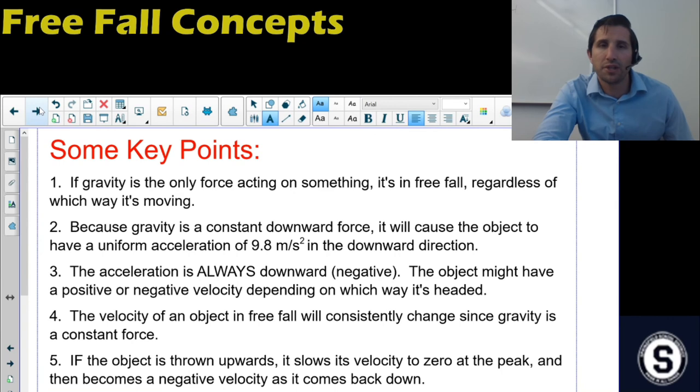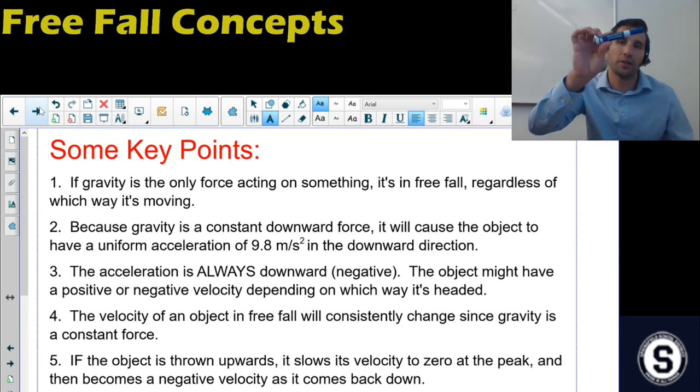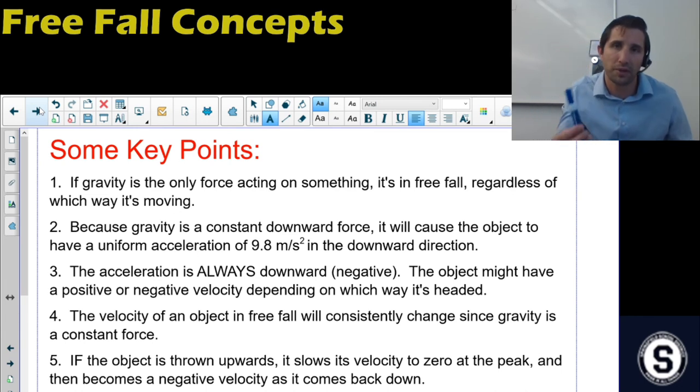The velocity of an object in free fall will consistently change since gravity is a constant force. So as the object travels up, it's going to be slowing down consistently, and then as the object comes back down, it's going to be speeding up consistently. That happens on a consistent basis because we have a constant force.